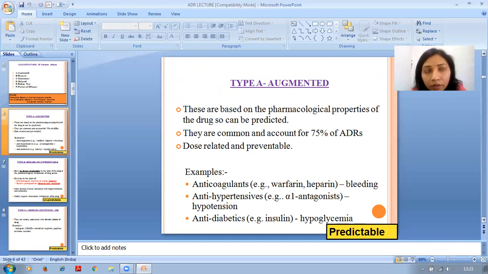The pharmacological role of an anti-diabetic drug like insulin is to decrease glucose. But when a person misses a dose or takes more insulin, it will result in hypoglycemia in the patient. Similarly, antihypertensives, whose normal function is to decrease the BP, may result in hypotension if the dose is more.